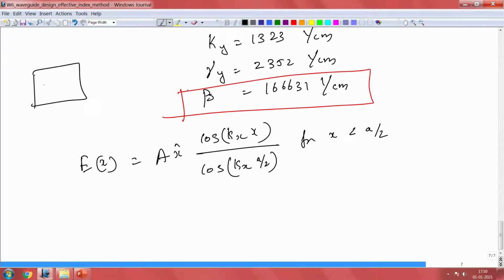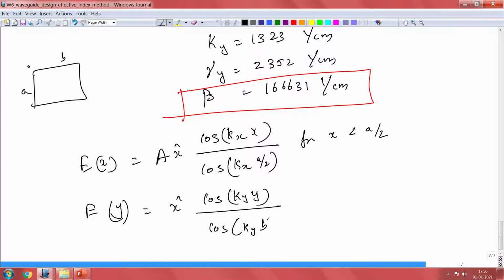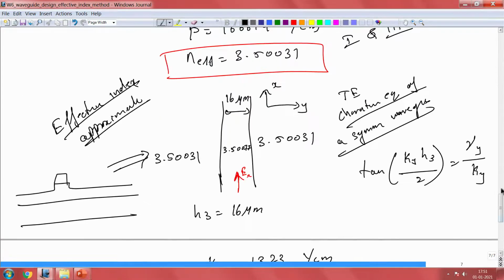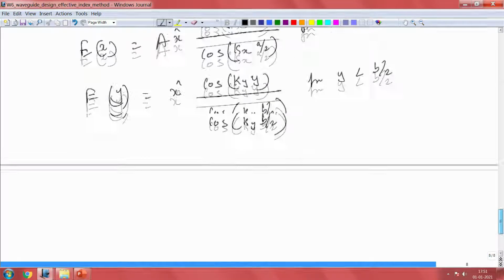So, we have let us say a certain, this is B and this is A, let us say, okay, and Ey will be cos ky y divided by cos ky b by 2. Okay. So, this is for y less than b by 2, okay, because it is symmetric in nature, right. So, that is why we can do this.